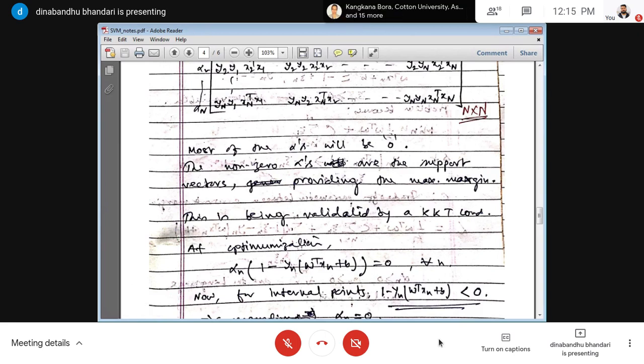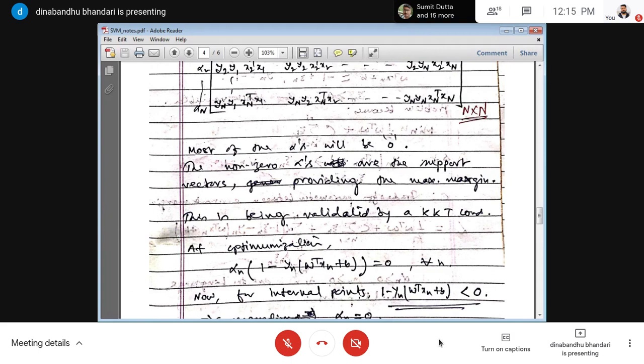Now you see, for the boundary points, if xn is a boundary point, either on the positive boundary or on the negative boundary, they will satisfy this equation. This part will be equal to 0, right? Then alpha n may be non-zero. It is not necessarily 0. But if the point is not on the boundary, what should be the value of this expression? If it is not on the boundary, yn times (w transpose xn plus b) will be strictly greater than 1, beyond the boundary.